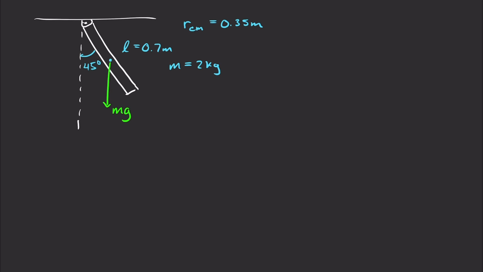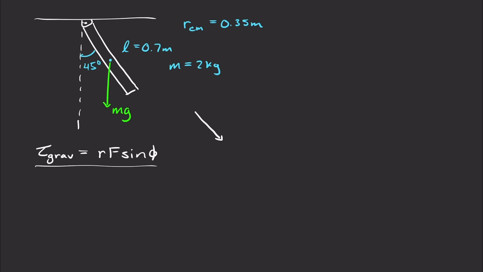Okay, and now we can find the torque from gravity. So the torque from gravity is equal to R F sine phi, where phi is the angle between R and F. First I want to draw my vector R, so it's going to point from the pivot point down to where the force is being applied.